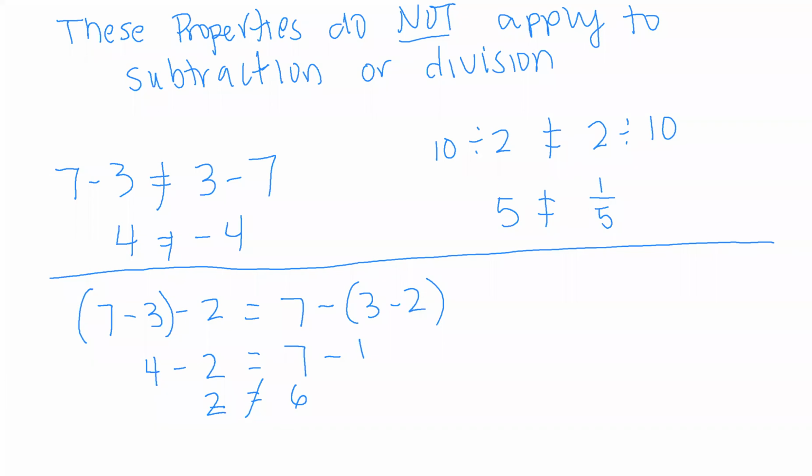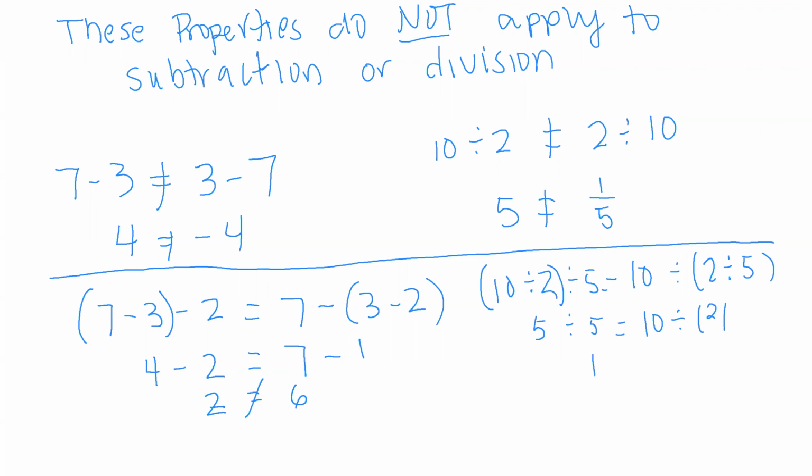Same thing over here. If I did 10 divided by 2 divided by 5, does that equal 10 divided by 2 divided by 5 grouped the other way? Well, 10 divided by 2 is 5. 5 divided by 5 is 1. And then over here, I would get 10 divided by 2 divided by 5, which is just 2/5.